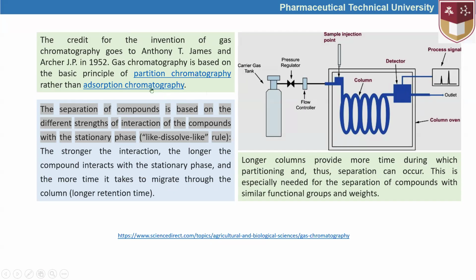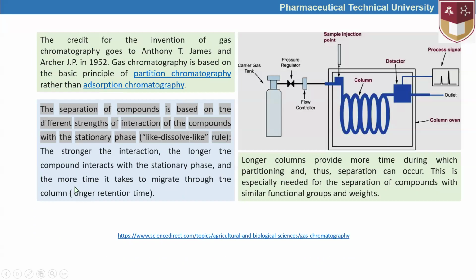As a small reminder, adsorption chromatography is about adsorption on the surface of the sorbents, and partition chromatography is based on the solubility of the compounds being separated within the mobile phase.